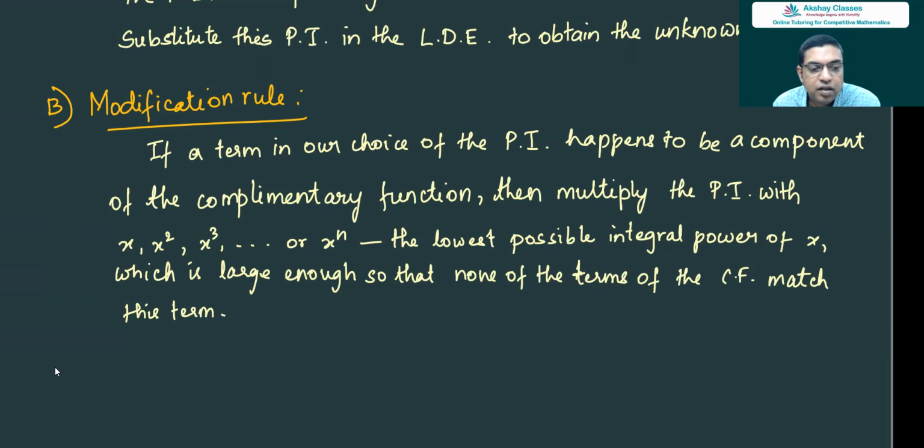So if the complementary function has a component, then multiply it with x. If x into that function appears in the complementary function, then we have to choose x square into that function. So this is the basic rule.